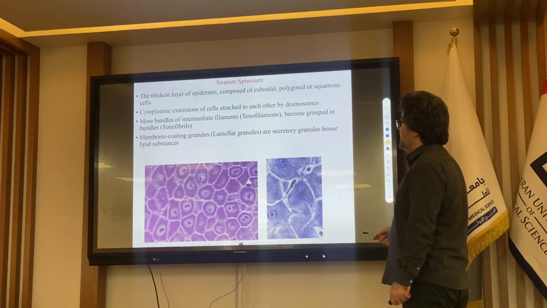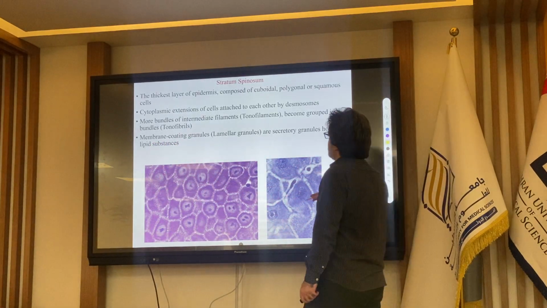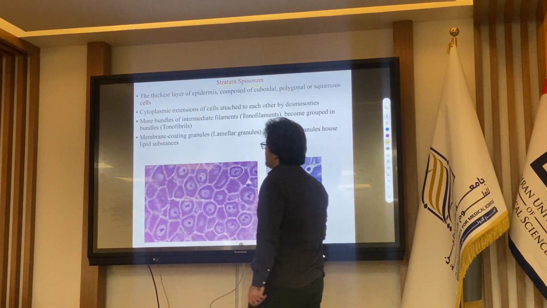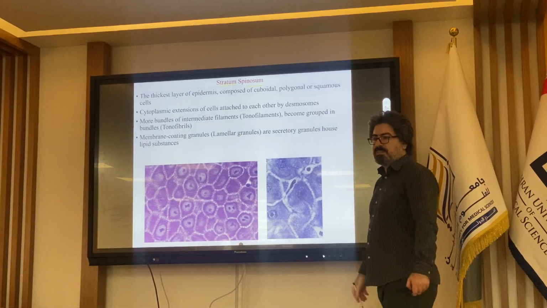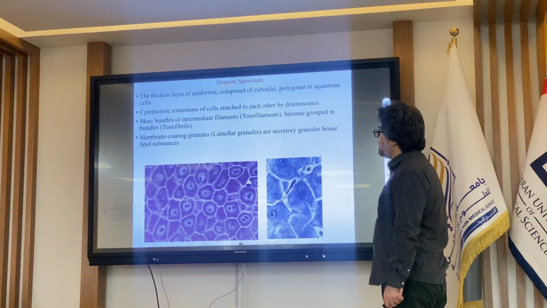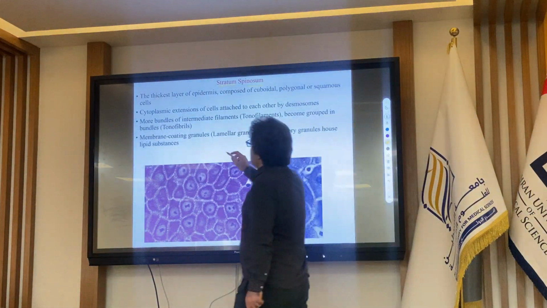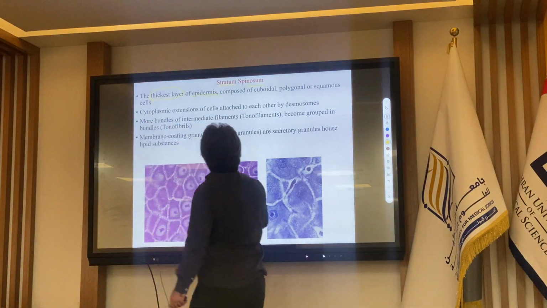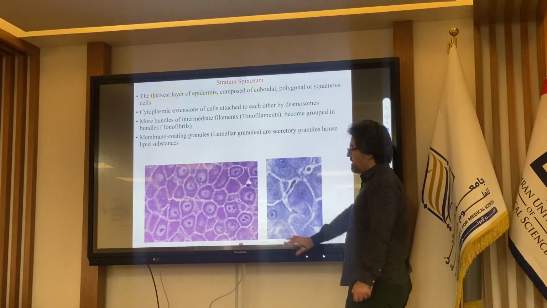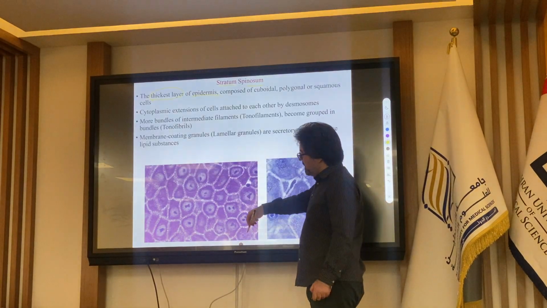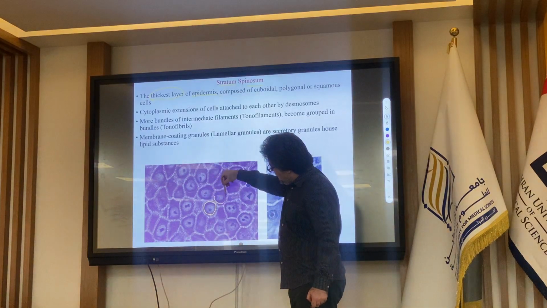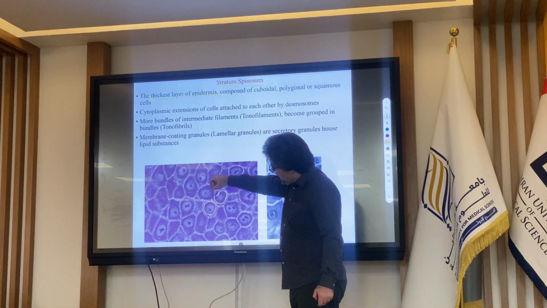Now look at the second layer. The second layer is known as stratum spinosum, or a spinous layer. Look at here. This is the thickest layer of epidermis. Here you can see a spinous layer. Look at this cell and adjacent cells. Between them, you can see some spinous structures.